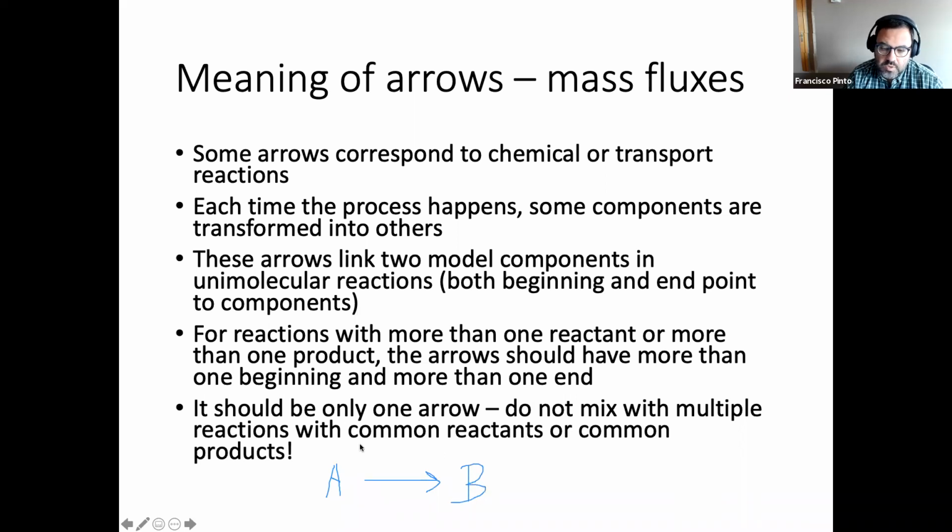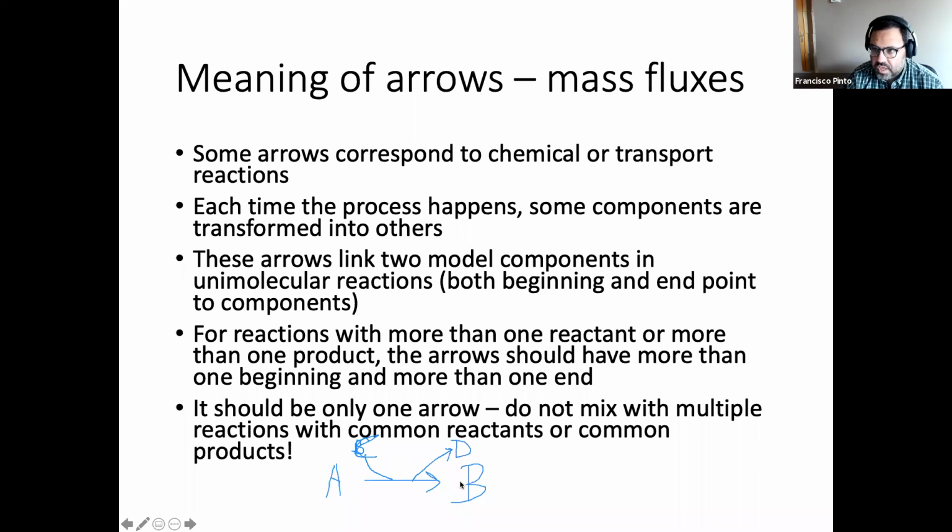But it can be that you have A and C, for example, combined together to give origin to B. And it is also possible that you have another product. So the arrows of mass fluxes could have multiple starting points and multiple endpoints.